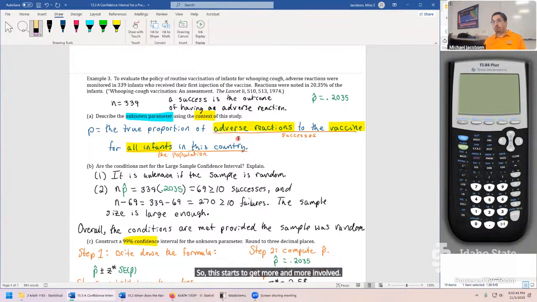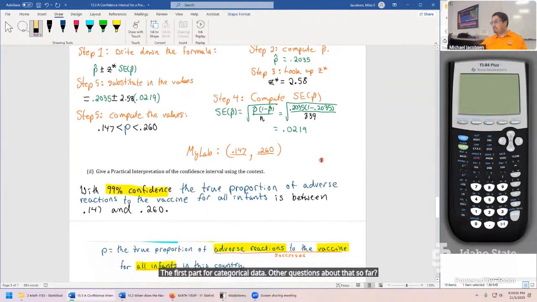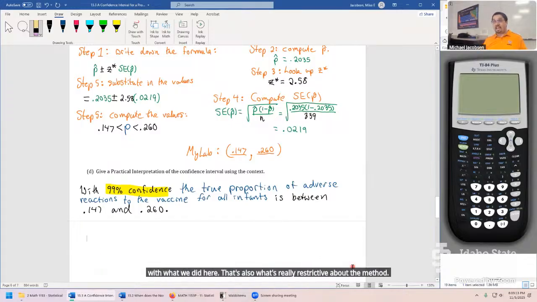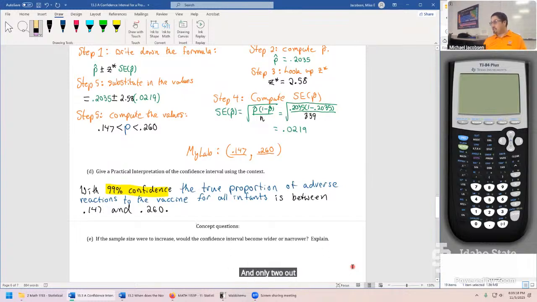You can also take 2 categorical variables simultaneously, and it's just another chi-squared procedure. But this is kind of like the major one that we look at, where it all starts, the first part for categorical data. But other questions about that so far, or otherwise? Okay, thanks for mentioning that. That's a great connection with what we did here. That's also what's really restrictive about the method. Has to specifically be categorical data, like you said, and only 2 outcomes.